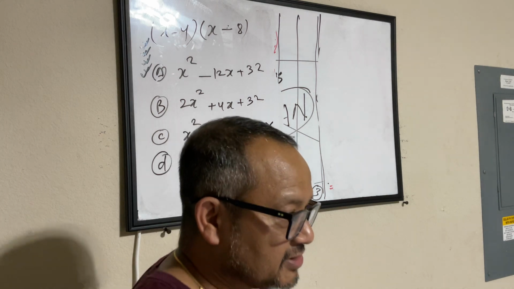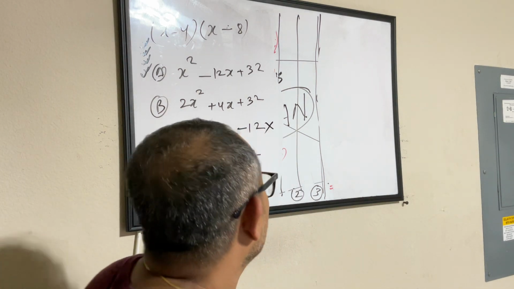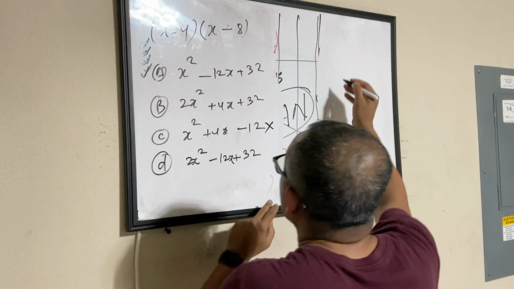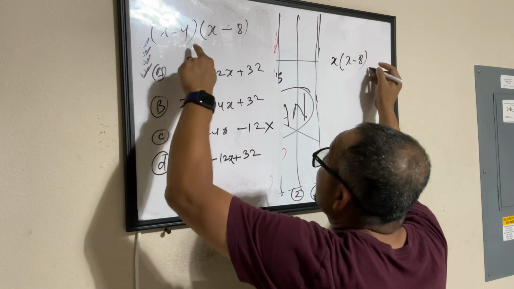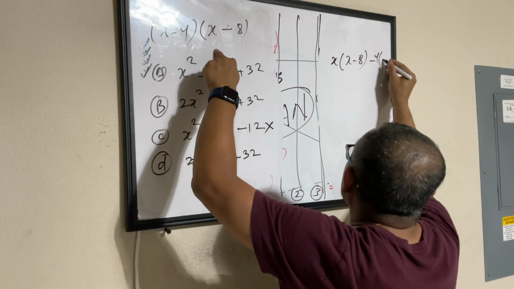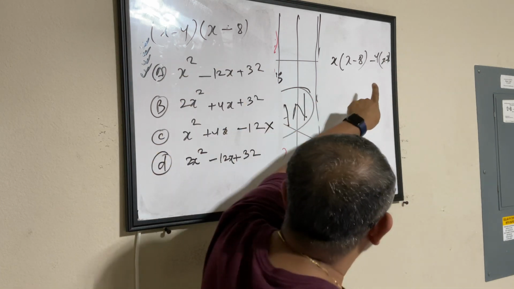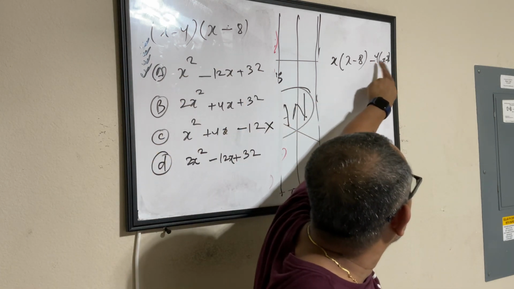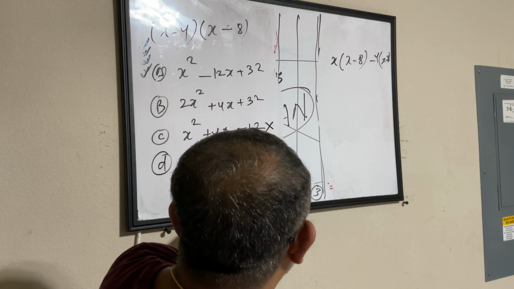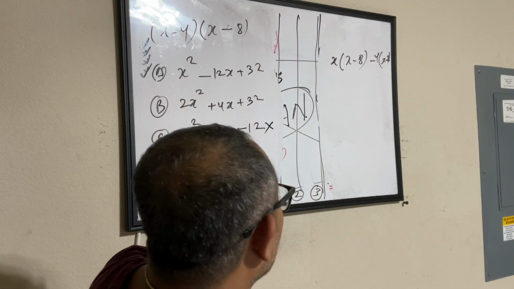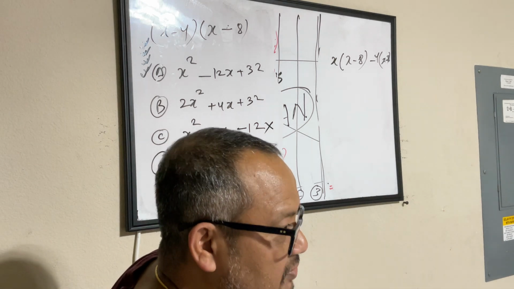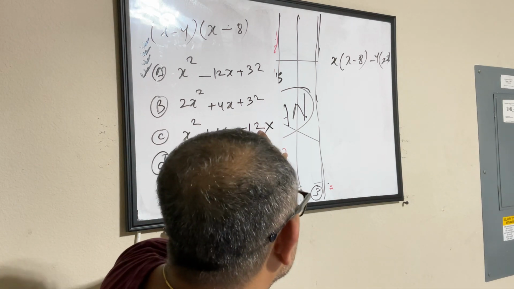C is out of question, right? Again, we don't have to solve this problem, but the way it's solved is x into x minus 8 minus 4 into x minus 8. So basically you know that when you are multiplying the last term, you'll get a 32. So when you don't have the last term as 32, that is not a valid option that you would want to eliminate. So this one is gone.